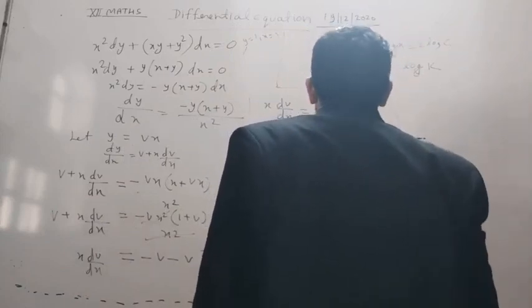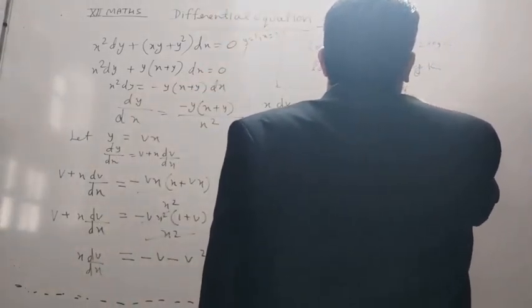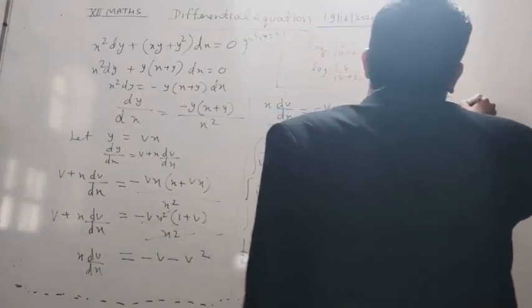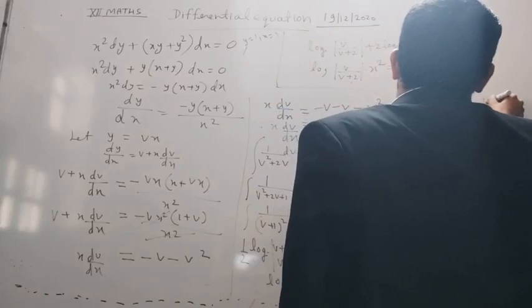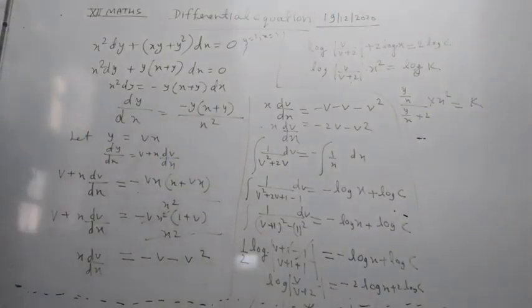And now put the value of b, which is y by x. So y by x over y by x plus 2, into x², log is cancelled. So this is equal to k, student, okay. y by x into x² over y by x plus 2 is equal to k.